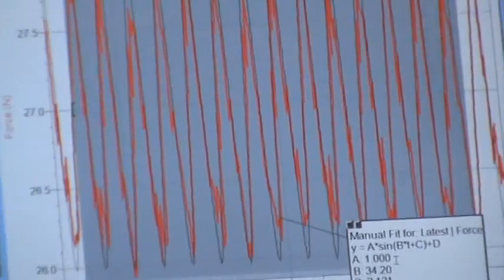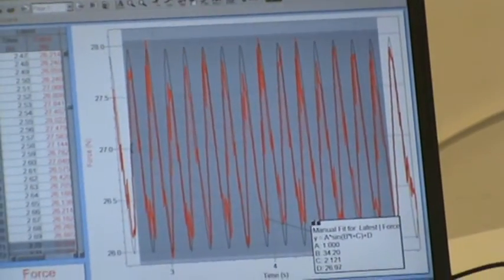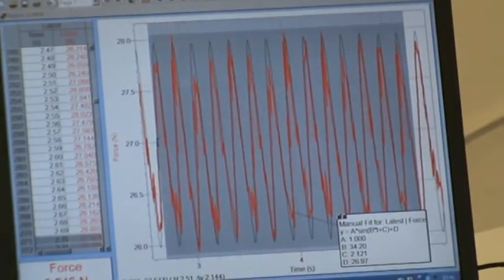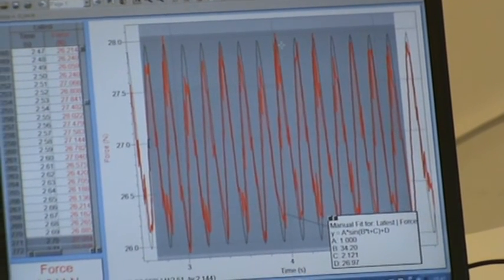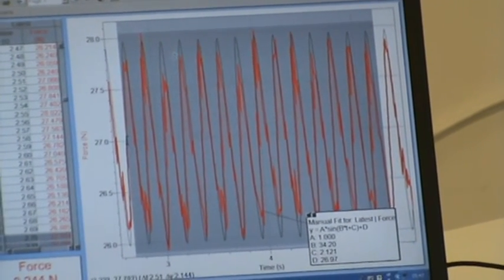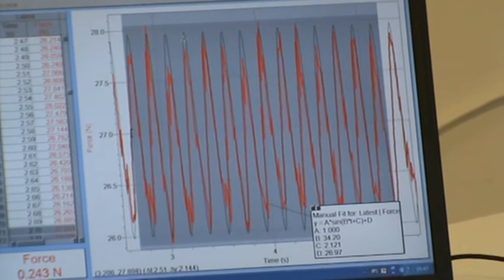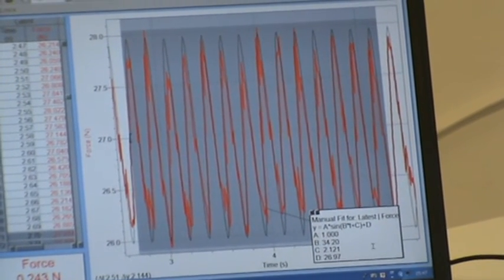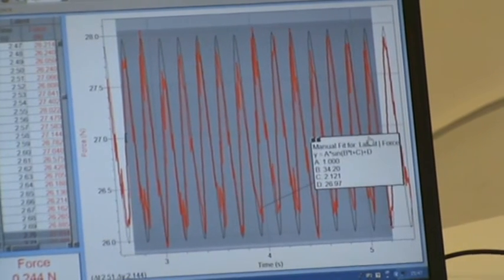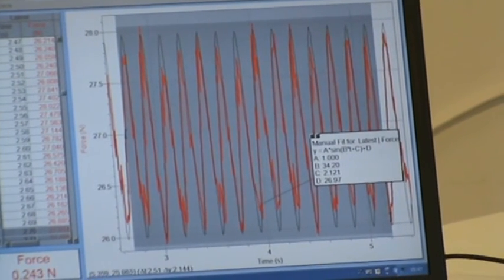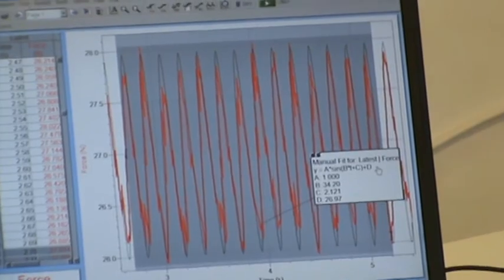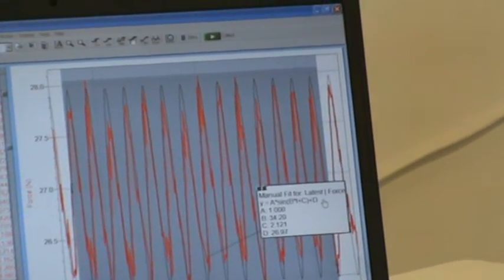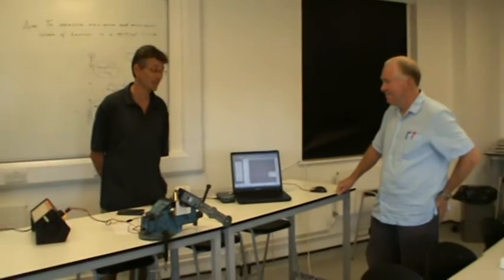I've artificially set the amplitude to be plus or minus 1, but if you look at the data here, again, paying particular attention to the peaks, you can see there's a number of peaks where the data doesn't reach it, but equally there's probably a reasonably similar number of peaks that are overshooting it, so a value of 1 seems to fit that set of data reasonably well. I'm convinced. I don't know about you, but I'm convinced.